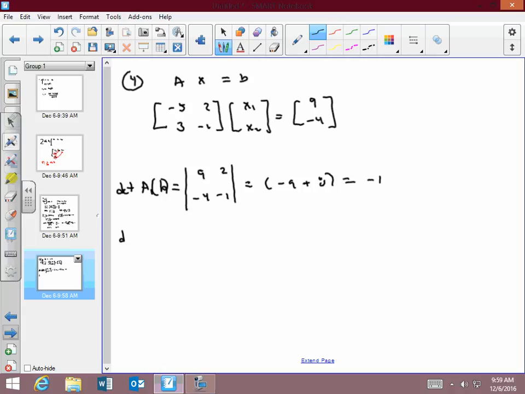And the determinant of A2B is minus 5, 3. And then put B in place of column 2.